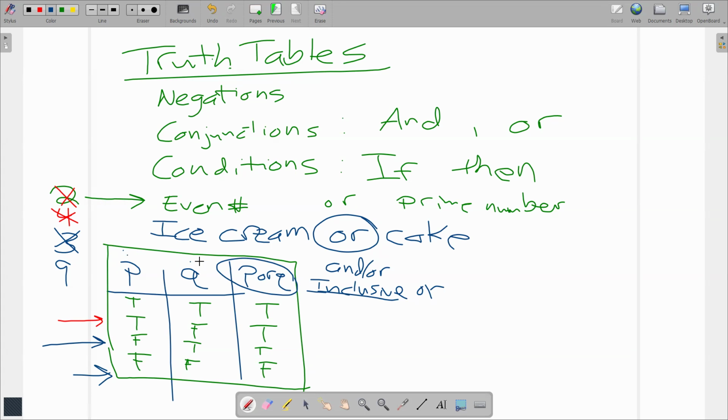And let's see, we have another name for or, which is a disjunction. Should add that to our notes. Or is also called a disjunction. And then sometimes you'll see it written like this.